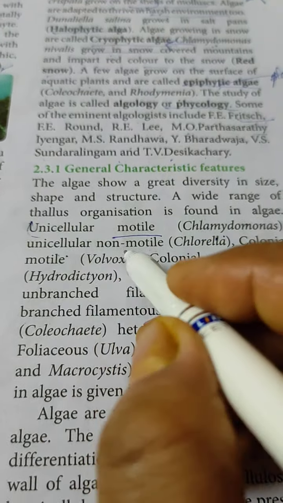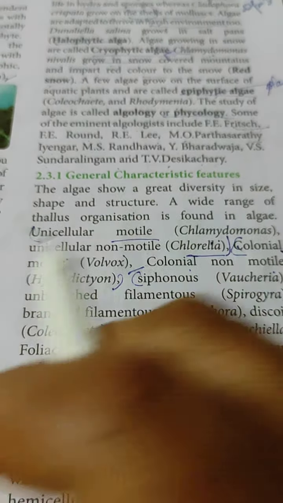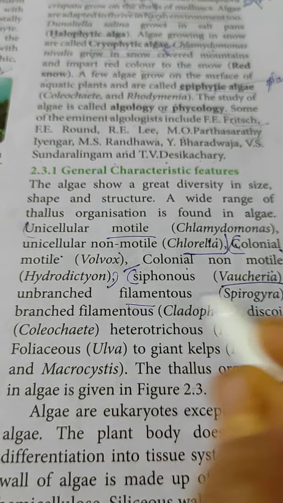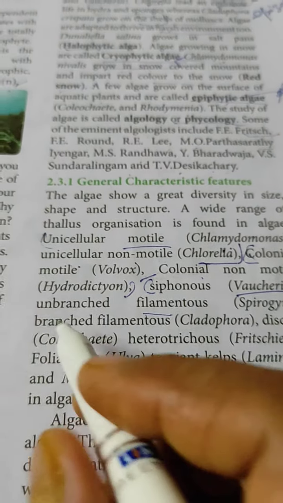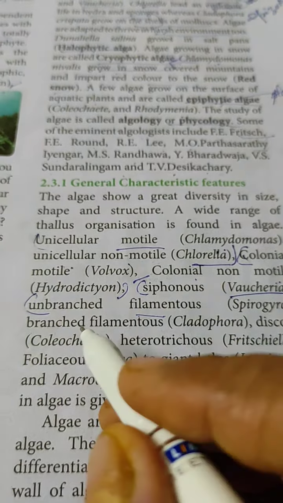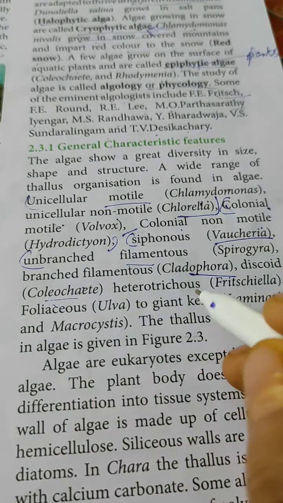Colonial and they are motile, they can move: Volvox. Colonial non-motile, opposite: Hydrodictyon. Next one, siphonaceous, tube-like body: Vaucheria. Unbranched filamentous: Spirogyra. Branched filamentous: Cladophora. Disc-like, flattened: Coleochaete.